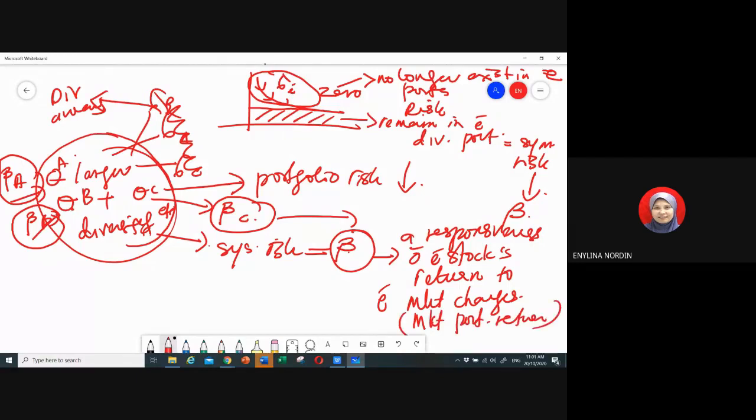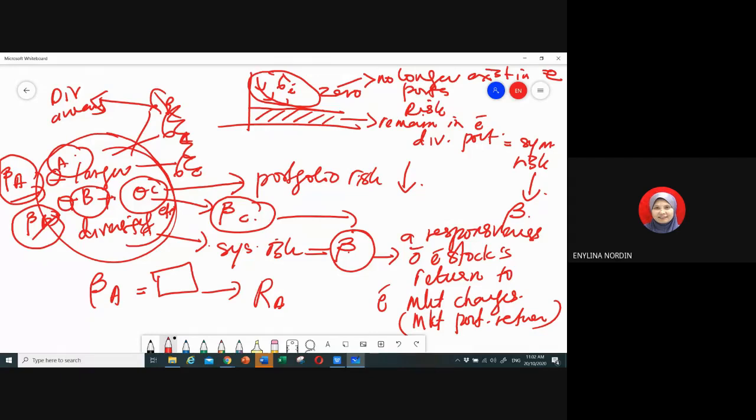Dengan kata lainnya, return of the stocks dalam portfolio ni tadi akan dipengaruhi oleh beta masing-masing, right? Jadi beta stok A inilah yang akan mempengaruhi the returns of stock A in this portfolio.